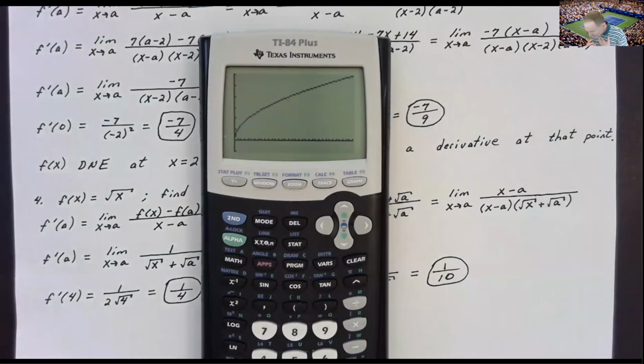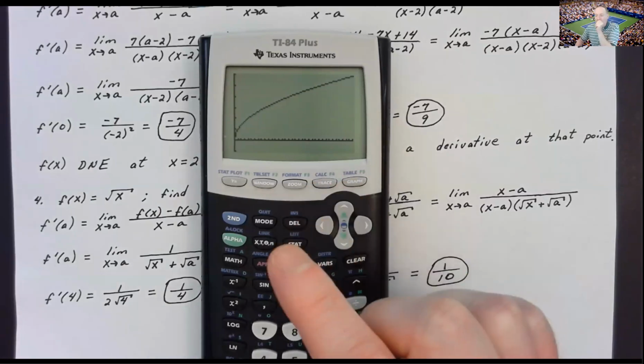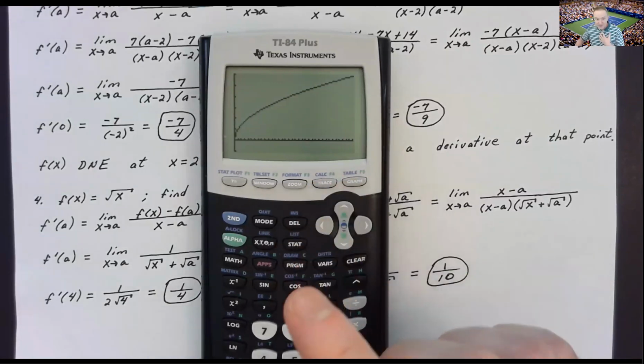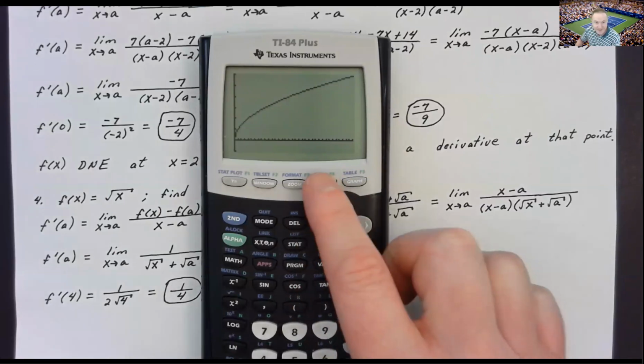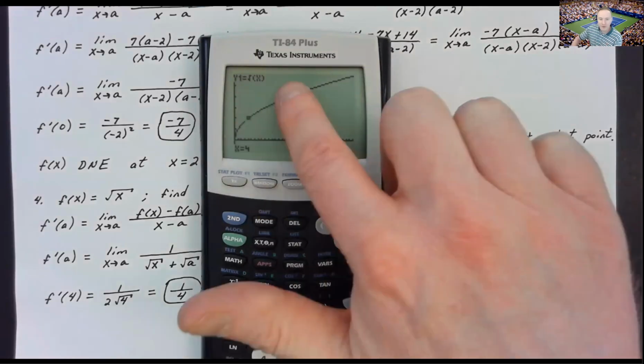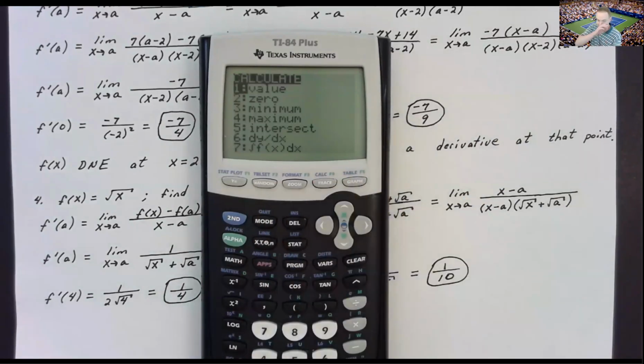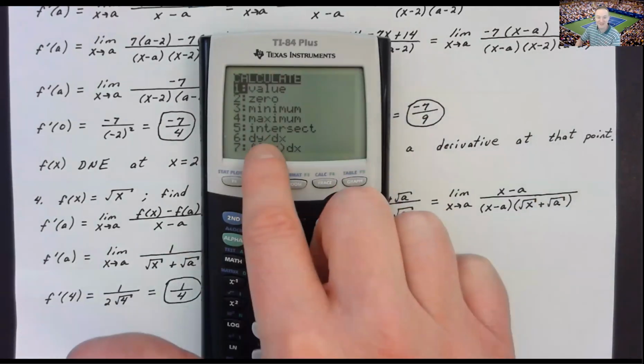Excuse me, guys. So what I'll do here, if I can get my voice back, is go in and trace. If I look at the x value at 4, clearly the square root of 4 is 2. That's just the y value there. But if I ask you what's the slope at that point, notice I can go second calculate, 6, to find the derivative.